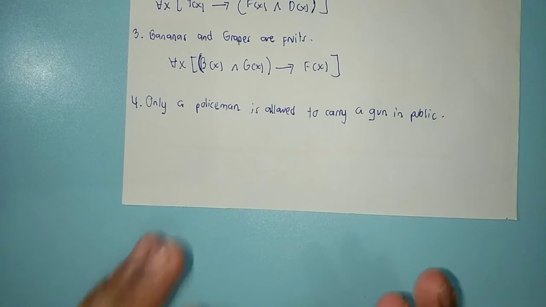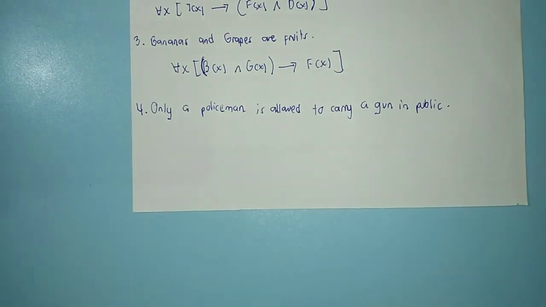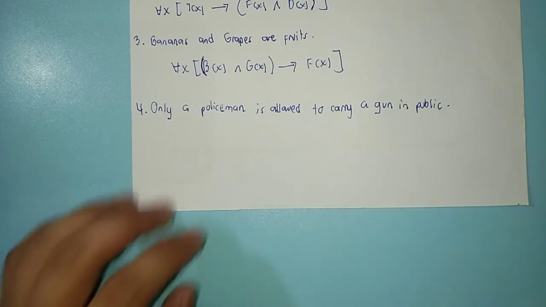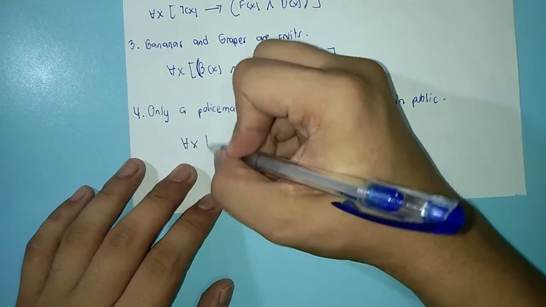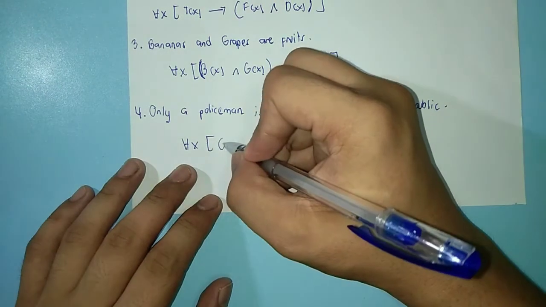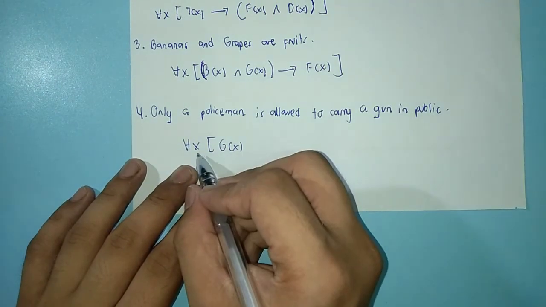Okay? So, that means, only a policeman, in other words everyone who carries a gun must be a policeman. Okay? So, therefore, if we symbolize that, that is for all x, where x is a person.